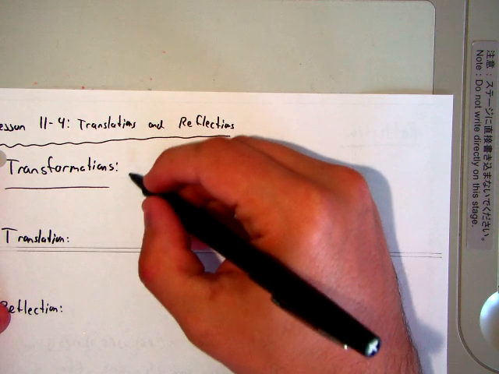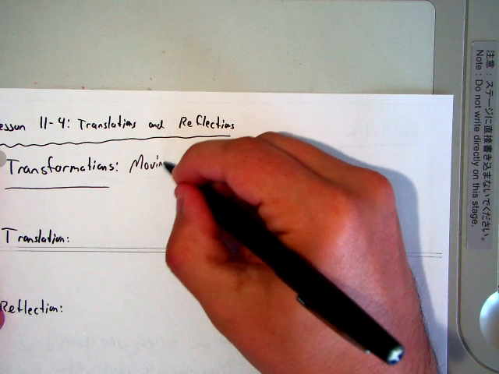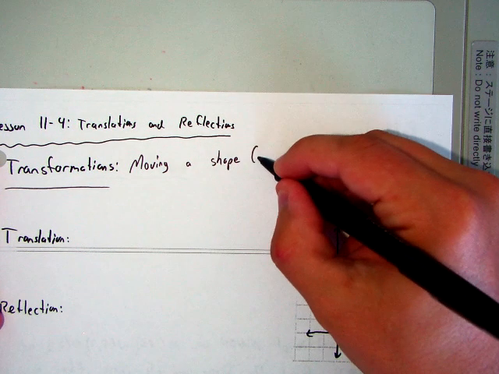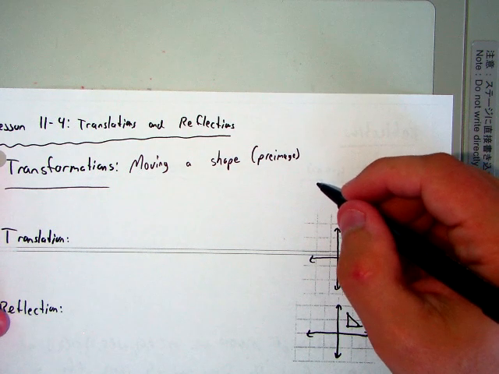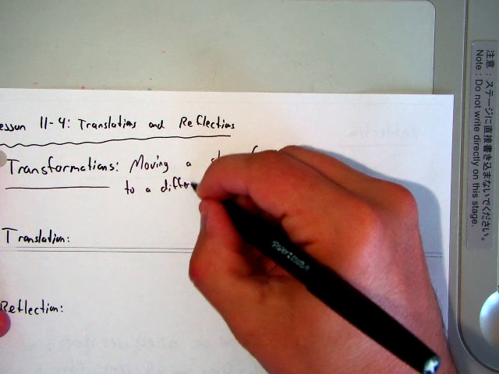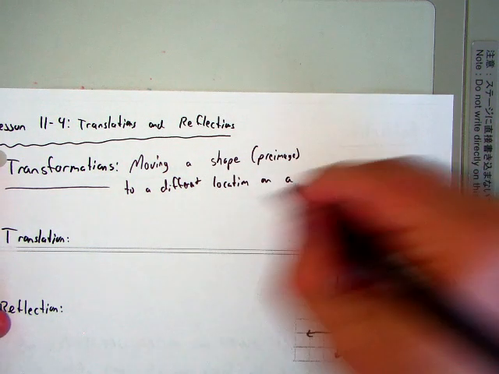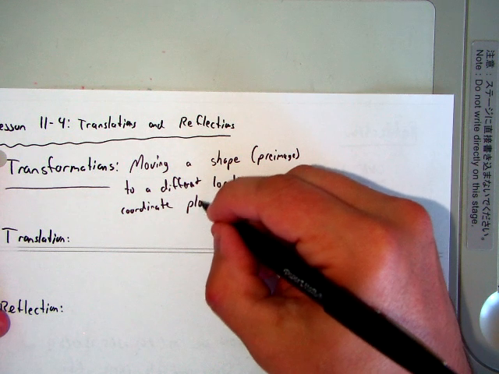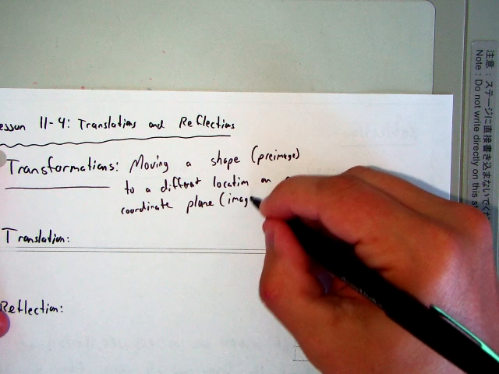A transformation, especially when it comes to geometry, is moving a shape, which is called the preimage, to a different location on a coordinate plane. And this new location, this is called the image.